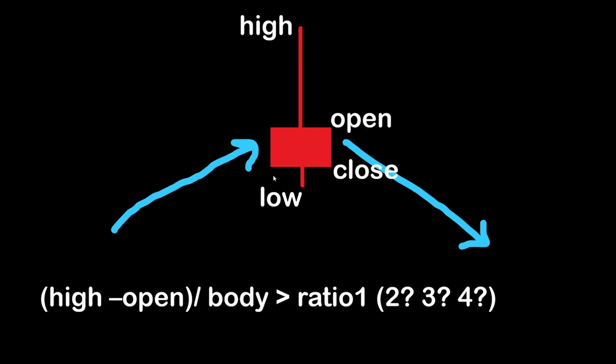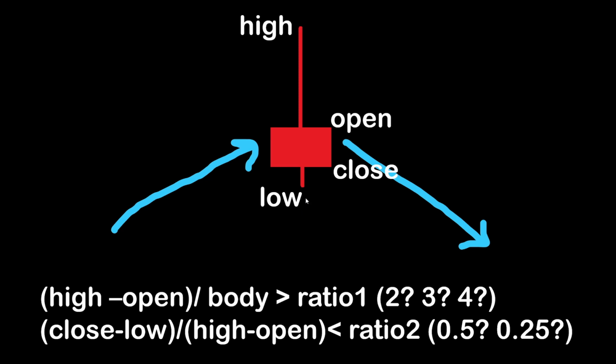But in order to have this shape recognized by my code, the first rule is to have this comparison with the ratio respected. Then at the same time, I don't want to have this lower tail here to be too big. So to restrict this, I'm going to do the close value minus the low value divided by the high minus the open should be at least, let's say, half or maybe 1/4 of this long tail.